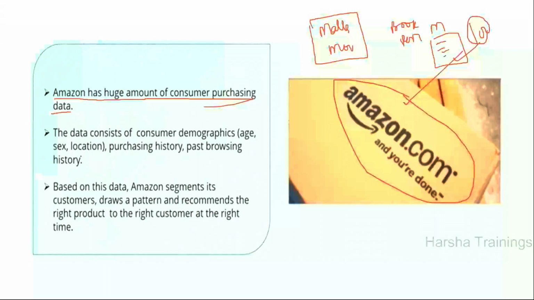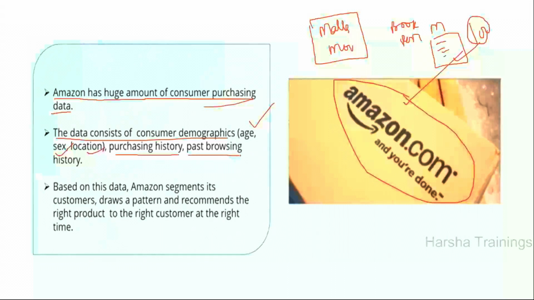They will ask for personal information, data consisting of our demography, such as our age, gender, where we are located, and our purchasing history since 1 year, 5 years, 6 years, what we have taken, and what we are going to browse and purchase in future.